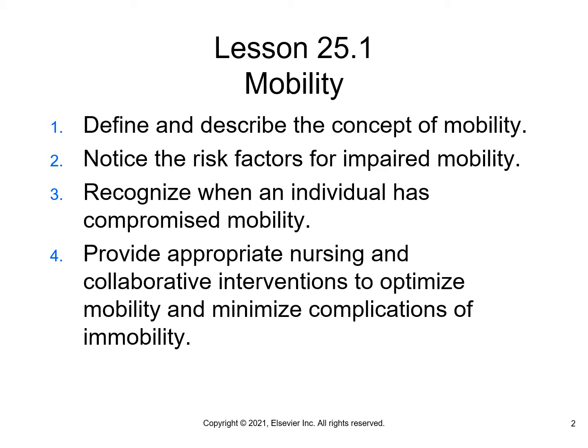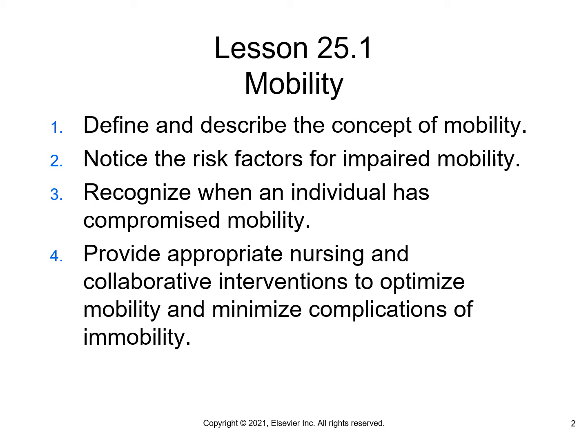So our class learning objectives for this module are to understand the key terms related to the concept of mobility, and consequently understand that concept when there is impairment, when there is immobility, what the physiological and psychosocial elements associated with that are.